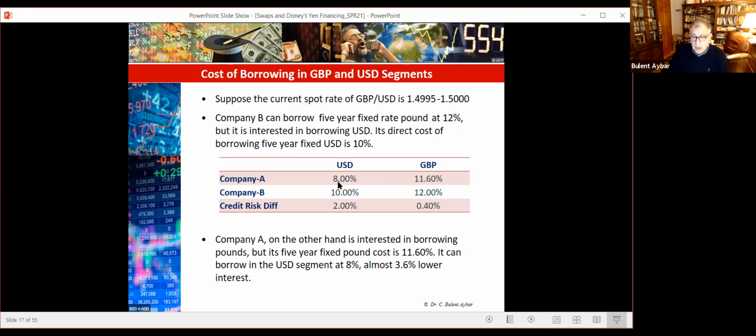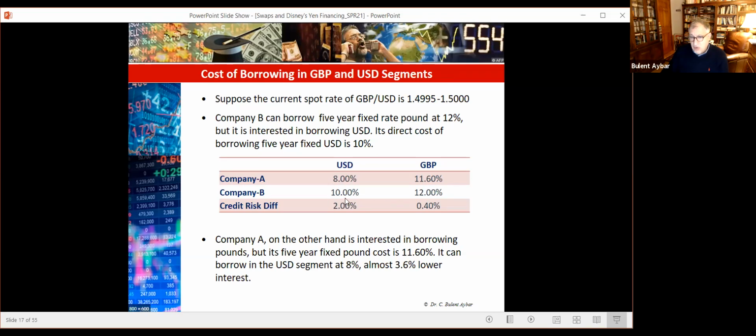Its dollar cost of borrowing is about 8%, as you can see in here. So if you look at the differentials, obviously US dollar cost of borrowing is lower as compared to British pound cost of borrowing. This could be simply a reflection of expected inflation in US and UK.